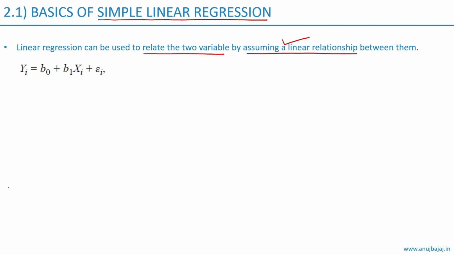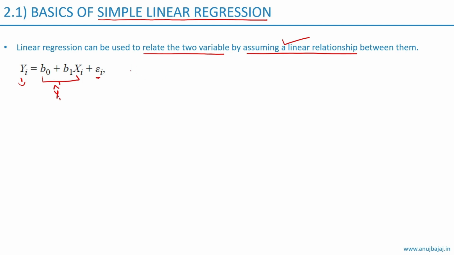And this is the linear regression model. This is the linear regression formula that we will be using to predict the dependent variable. Yi refers to the actual value of the dependent variable, and this is the predicted value of the dependent variable. This is indicated by y hat i, and this is the error term.